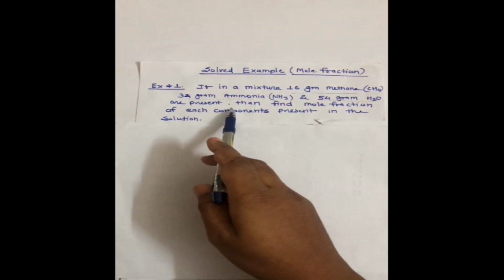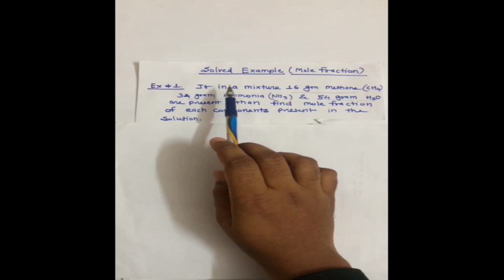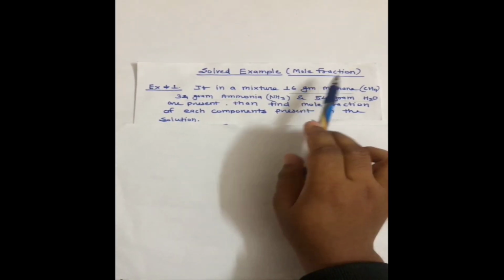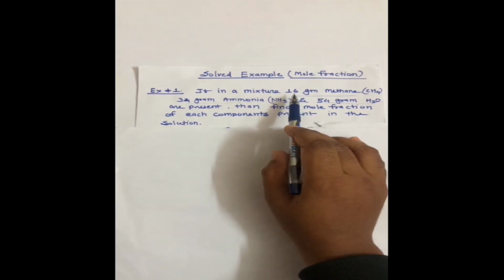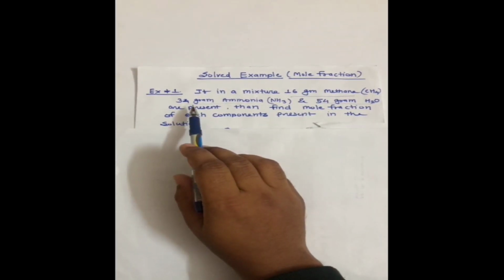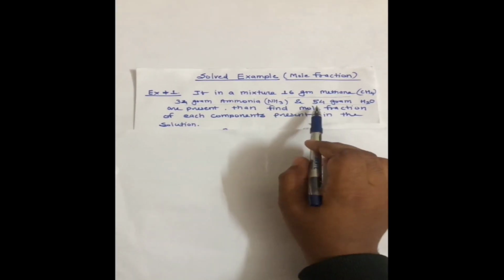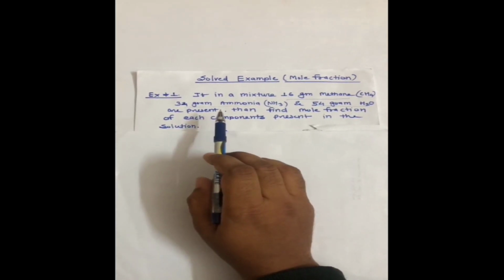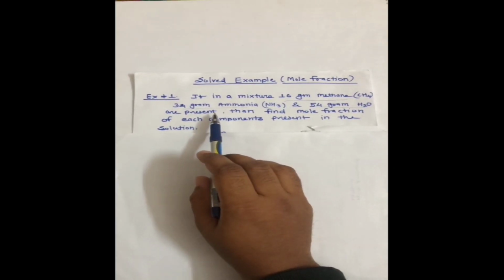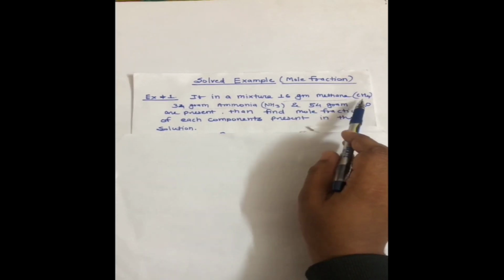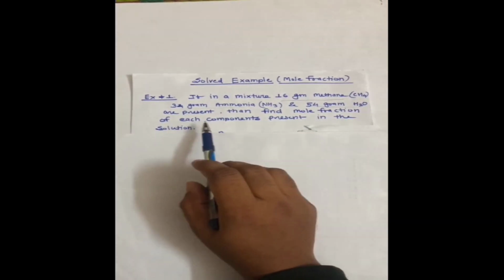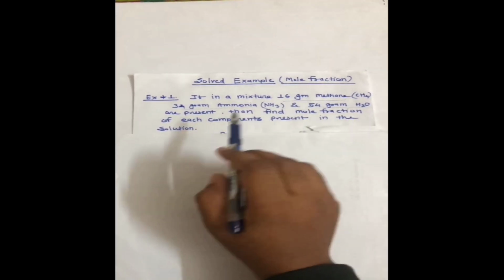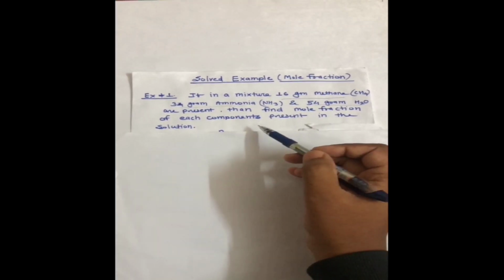Suppose we have to solve this question which is based on mole fraction. If in a mixture 16 gram methane, 34 gram ammonia and 54 gram H2O are present. Here three components, number 1 methane, number 2 ammonia and number 3 water are present. Then we have to find mole fraction of each component present in the solution.